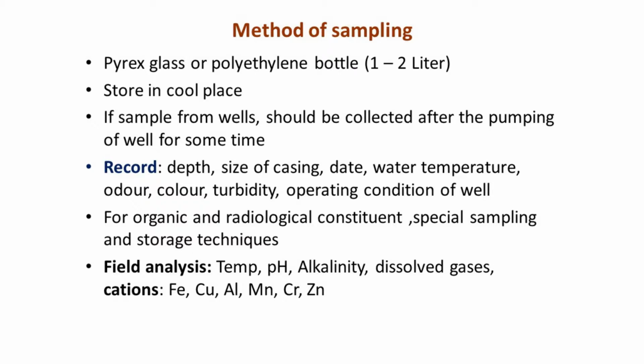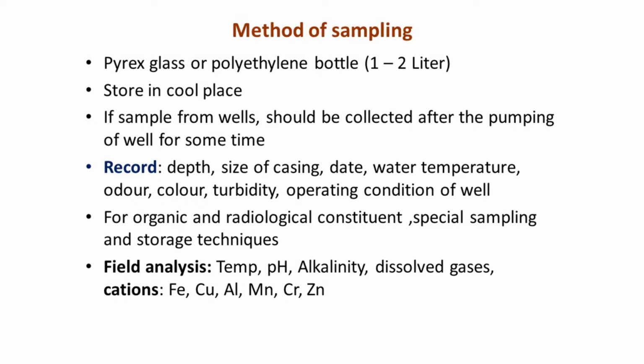Some of the parameters can be analyzed in the field. For example, the temperature, pH, alkalinity, dissolved gases, and cations like iron, copper, aluminium, manganese, chromium, and zinc can be analyzed in the field using field kits.